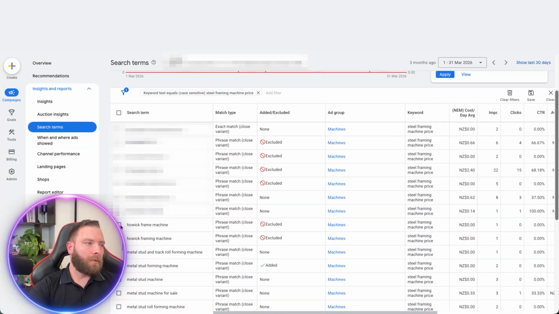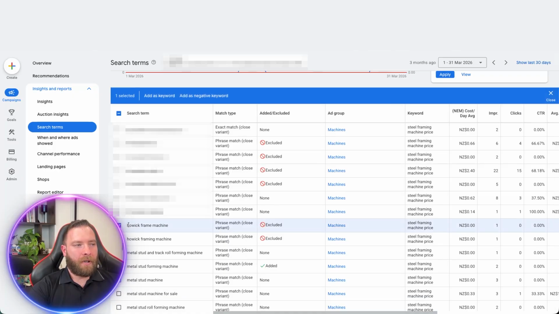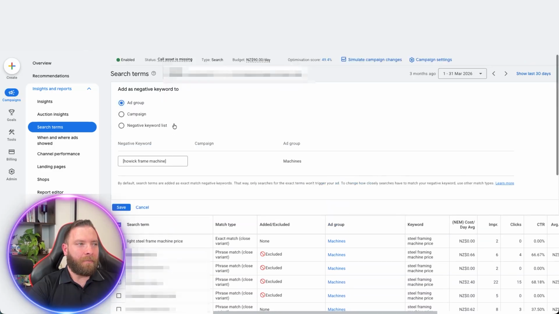So as an example here, if we jump in the account, we'll have a look at this term itself. Now, Howick Frame Machine is a competitor, and when we add negative keywords, we commonly see people doing it like this. This would ensure that yes, Howick Frame Machine doesn't show up, but it would also mean that Howick Frame Machine review or Howick Frame Machine website or any variation, or even Howick Frame for whatever weird reason, would show up.